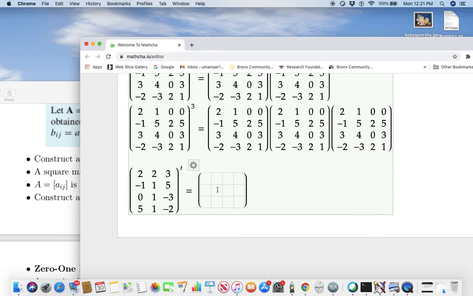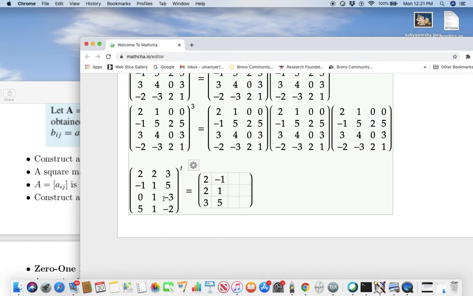So what did I do here? That's the first row of this matrix. When I convert it into a column, I'll get 2, 2, 3. That's the second row of this matrix; I'll convert it into the second column.